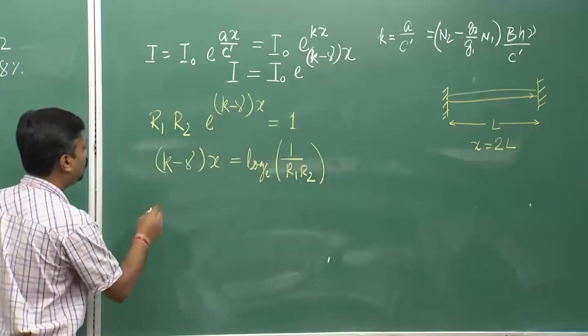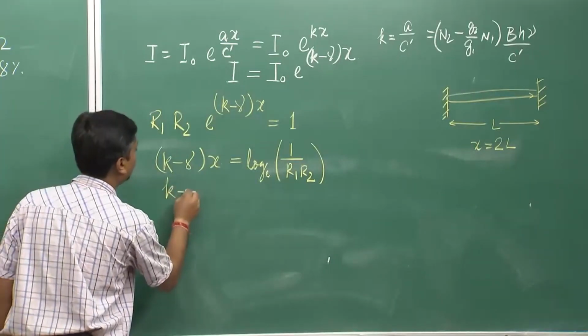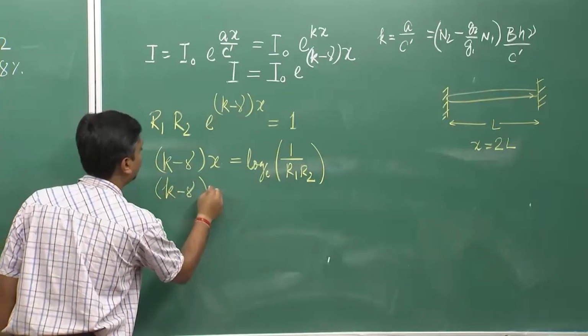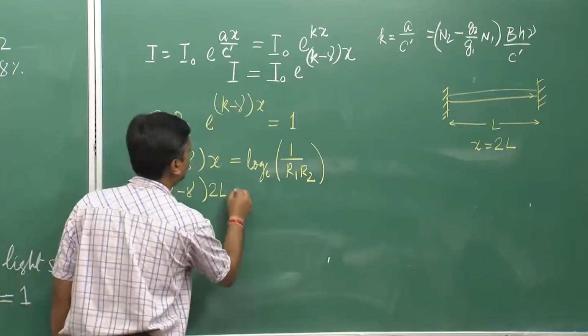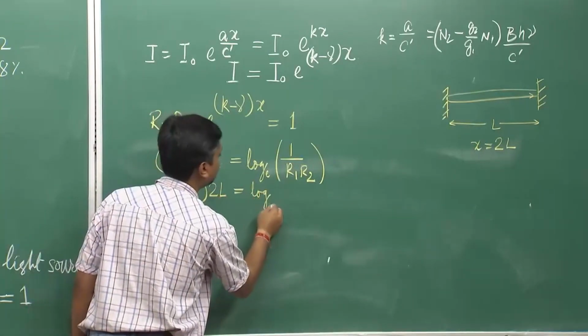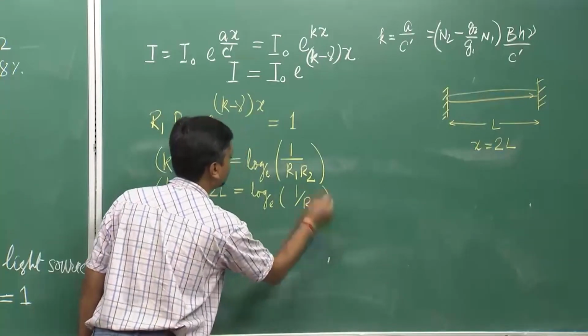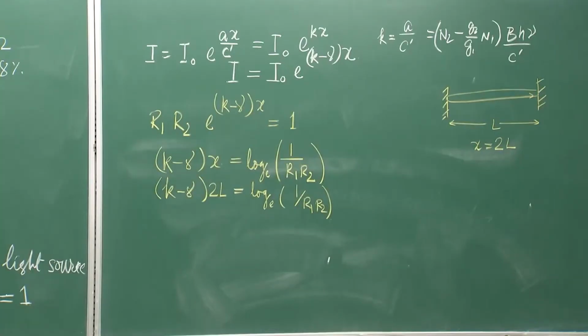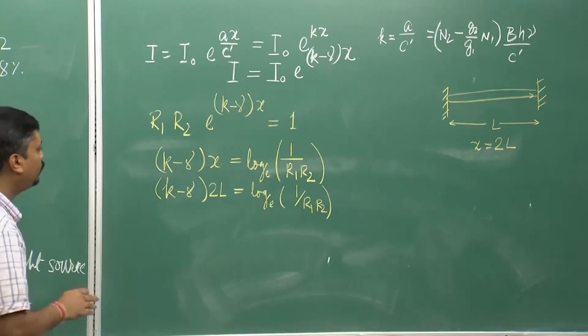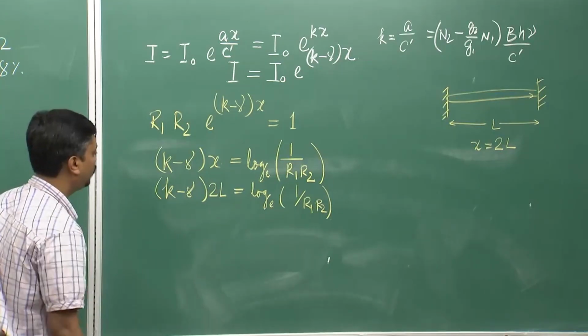So, I get this into 2L equals to this quantity. What do I need to find out? I need to find out this k.